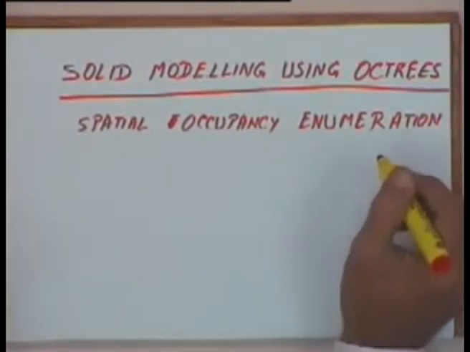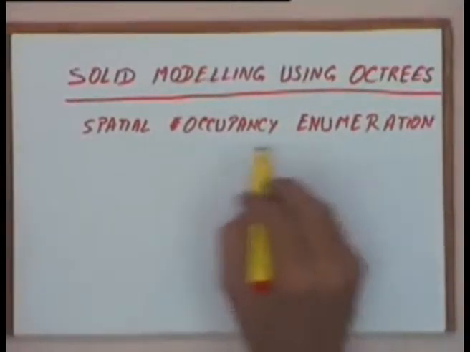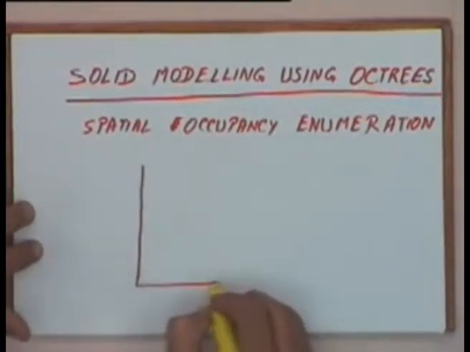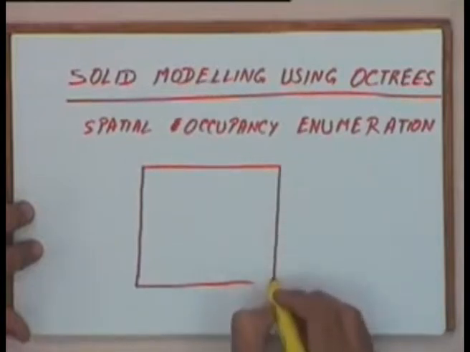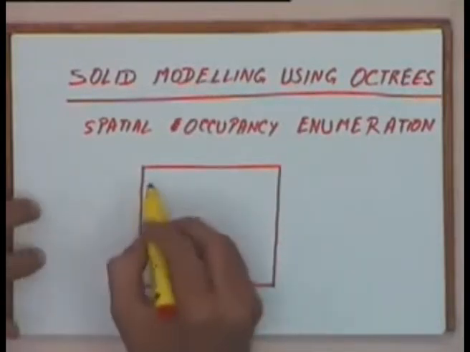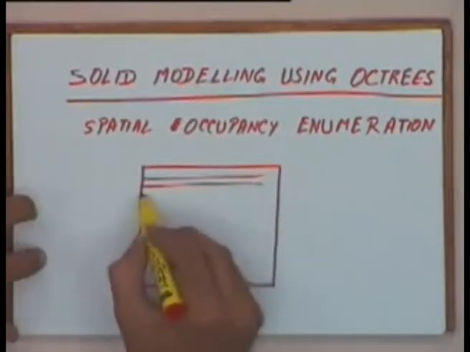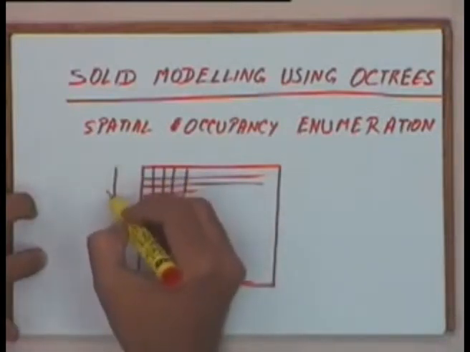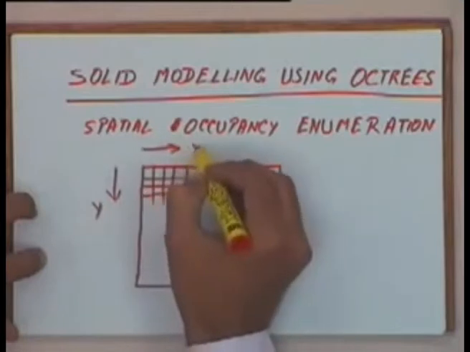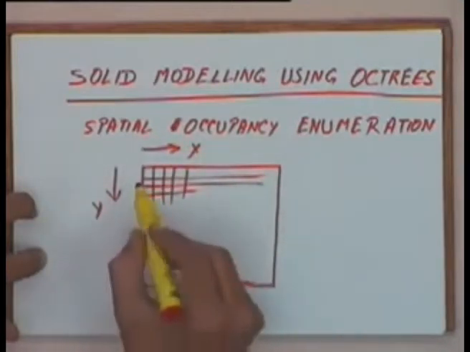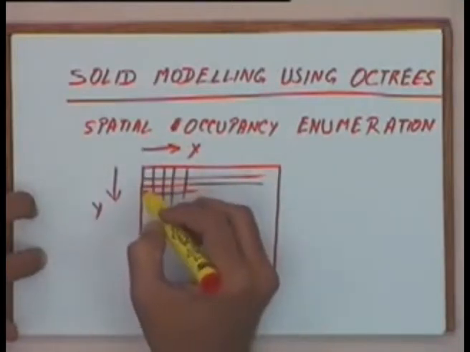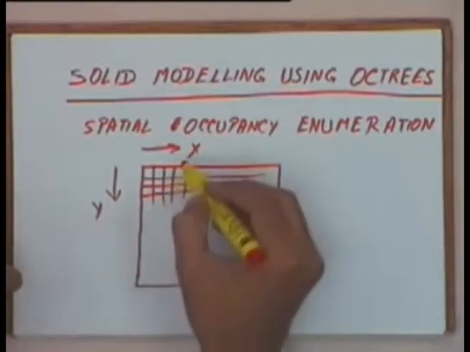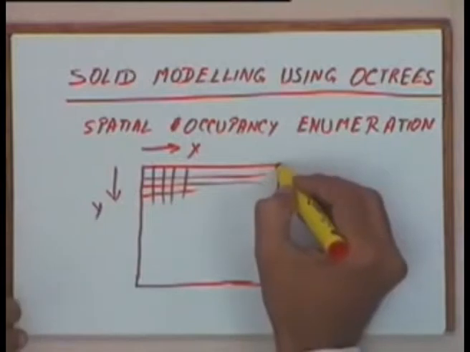We said that one of the simplest ways of enumerating space, let's say a two-dimensional space, using a set of squares, is by dividing the space into an array of cells and then having an x by y array of zeros and ones which tells us whether a particular cell is occupied or not.